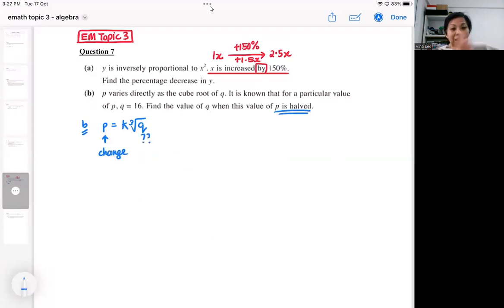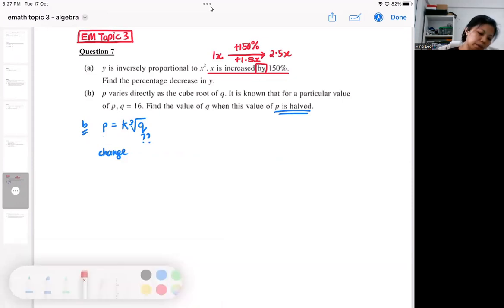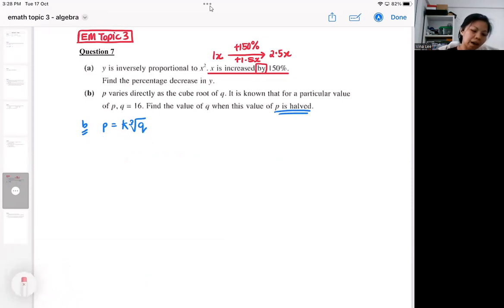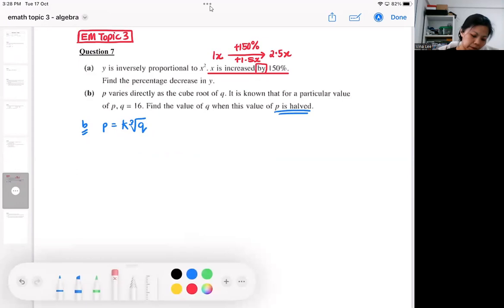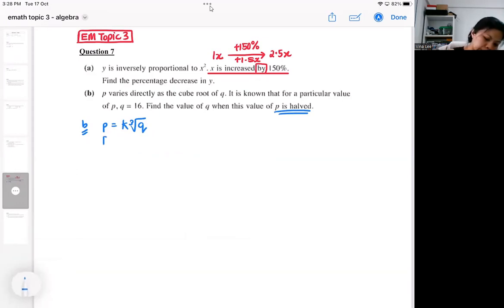Do you realize it's the other way around? Usually I standardize this type of question. If it's the other way around, I will make Q the subject. I'm going to make Q the subject first, since the question is asking it in this way. I'm going to divide K on both sides, then cube on both sides.